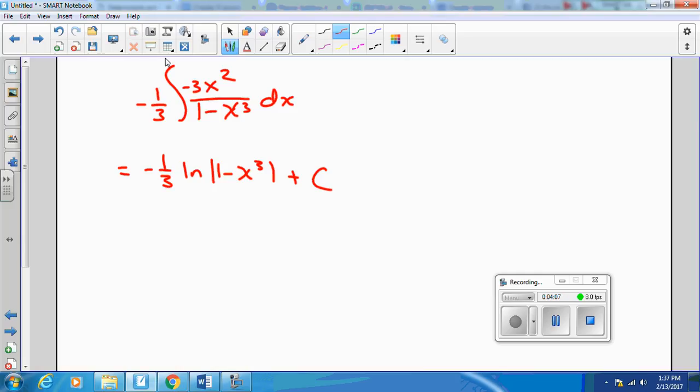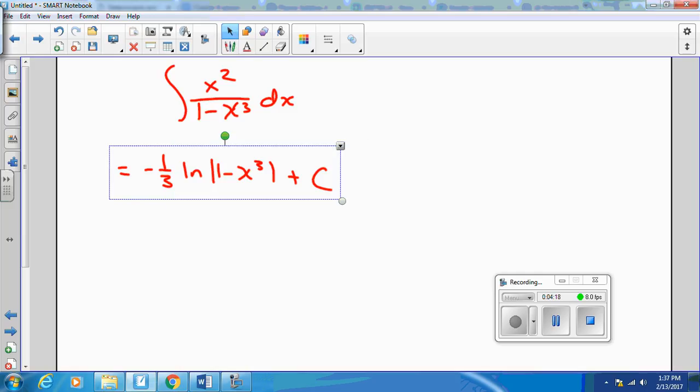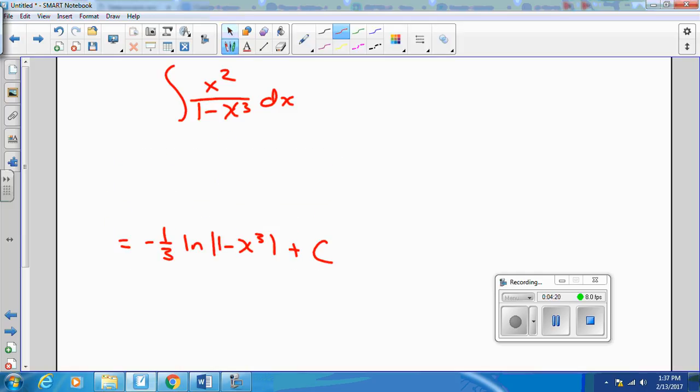So, we go back to the original integral. This is our original integral right here. And now I'm going to take that integral and I'm going to multiply it by 1.